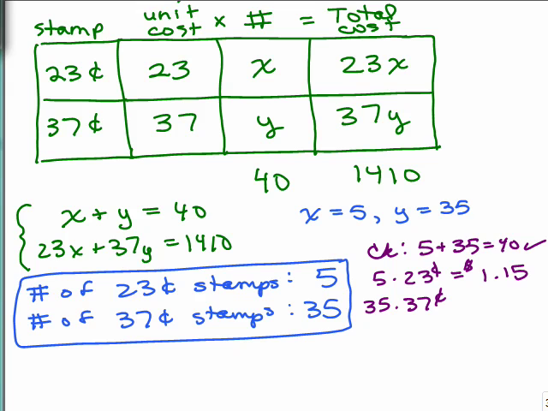That's $12.95. And we add that up, and yeah, it does come out to $14.10. So that was the correct answer. They purchased 5 23-cent stamps and 35 37-cent stamps.